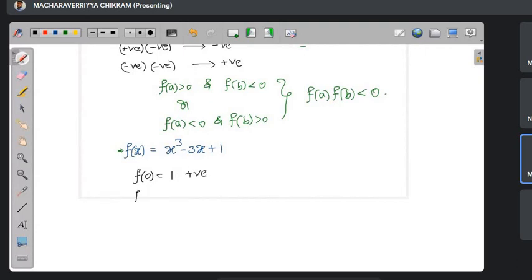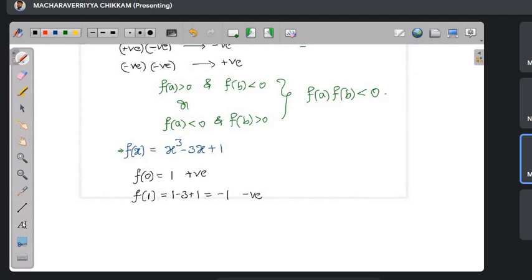Next, let me see what f of 1 is. f of 1 is 1 minus 3 plus 1, and you can see this is minus 1. Now it is negative. Now we are lucky. Initially itself we got it. It means that between 0 and 1, the function is taking the value 0.